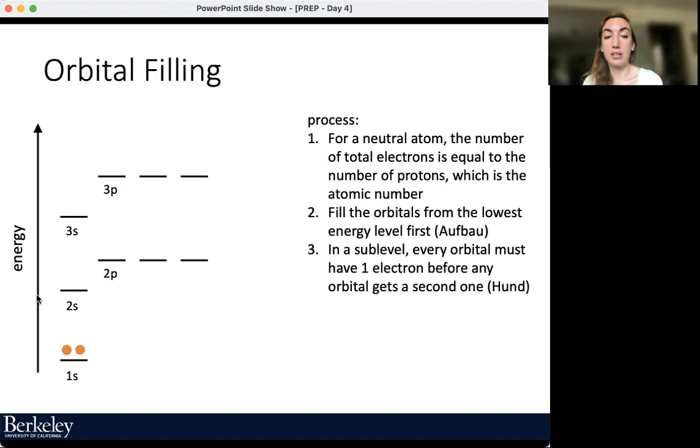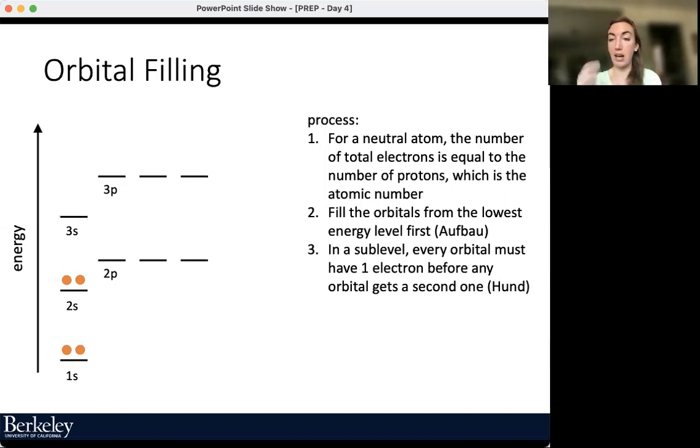And the lowest orbital in my second level is my 2s orbital. So I'm going to put my next electron in that 2s orbital. Now when I move to the next element on the periodic table and I need to add a fourth electron, it's going to go here to finish my second electron in my 2s orbital. And now 2s is full.